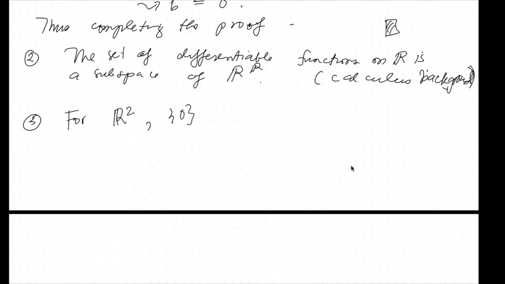The trivial vector space, the space containing 0 only, and R2 itself, these are the usual ones. At least these two are always vector spaces.